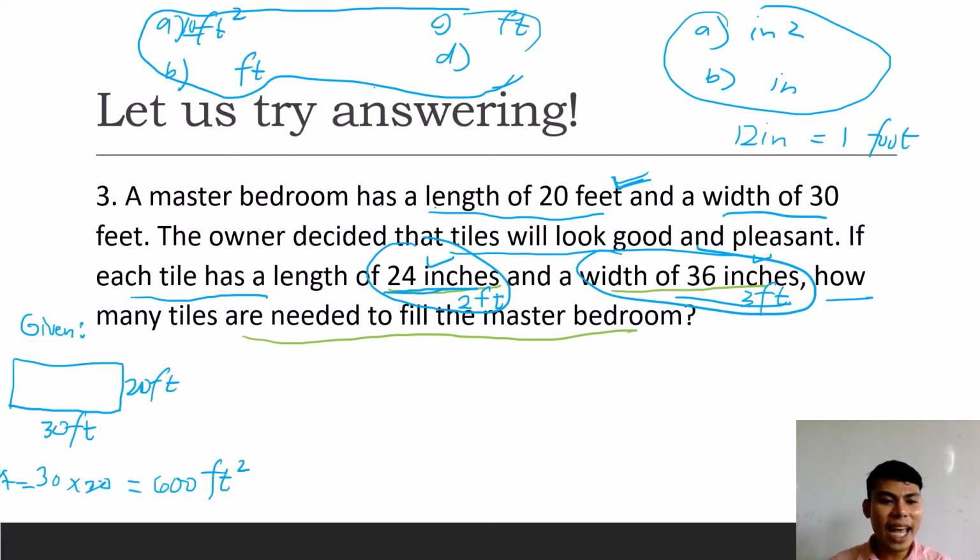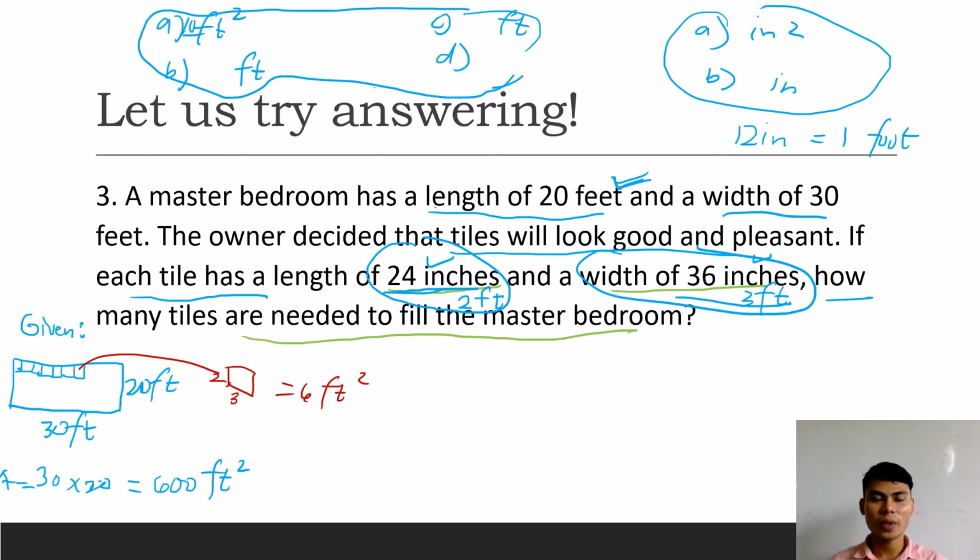Then the tiles to be placed, these small tiles, are 2 by 3 feet. So it's still an area. The small part here is 2 by 3, so this is 6 square feet.